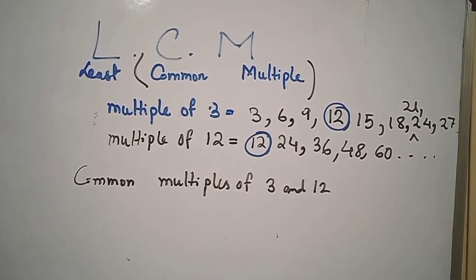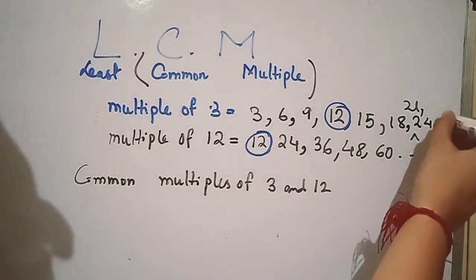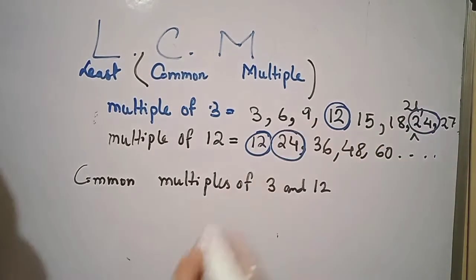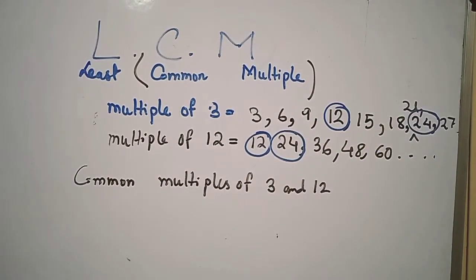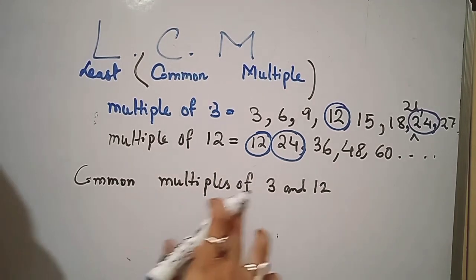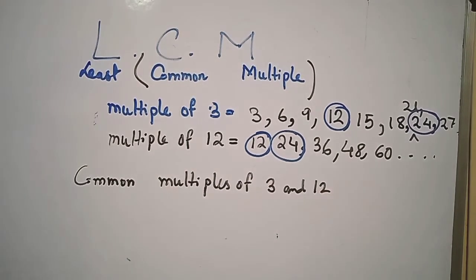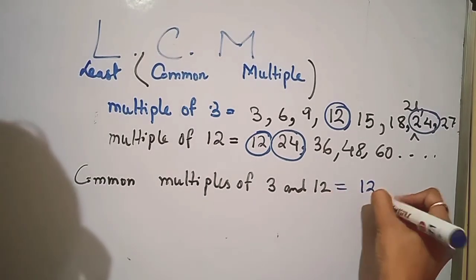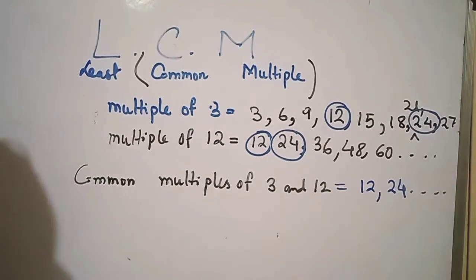So 12 is a common multiple, and 24. If I expand the multiples of 3 more, I can see 36 is also common, 48 is also common, 60 is also common. So the common multiples of 3 and 12 will be 12, 24, and so on.